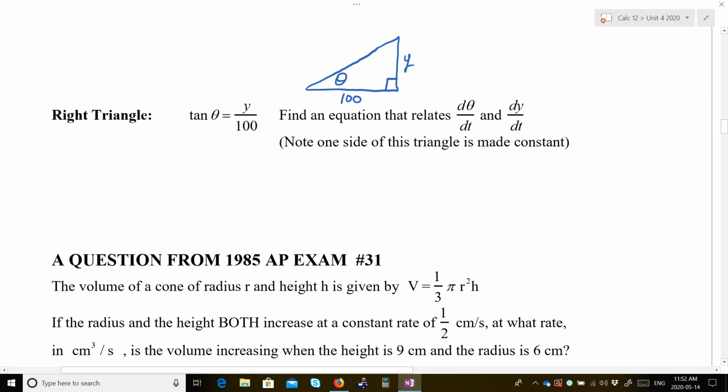Note one side of this triangle is constant. So the 100 is staying constant. The y and the hypotenuse would change. So we differentiate both sides with respect to time. The derivative of tan theta is secant squared theta times d theta dt.